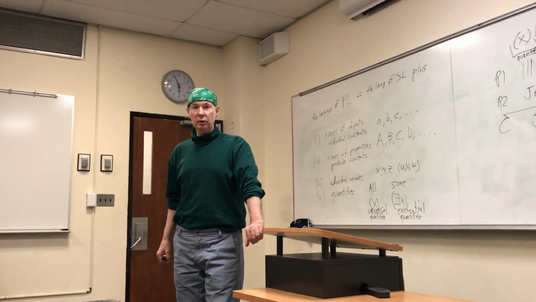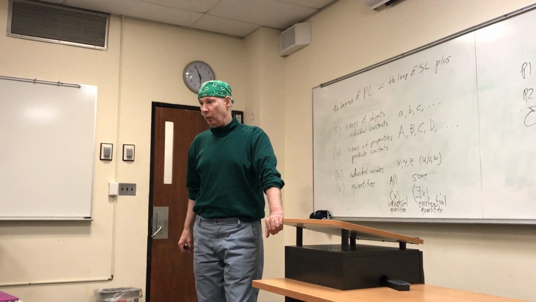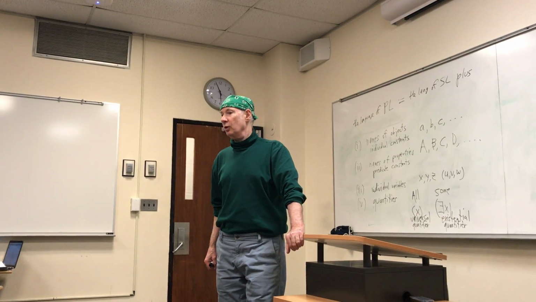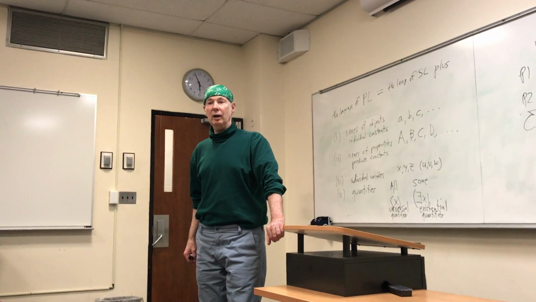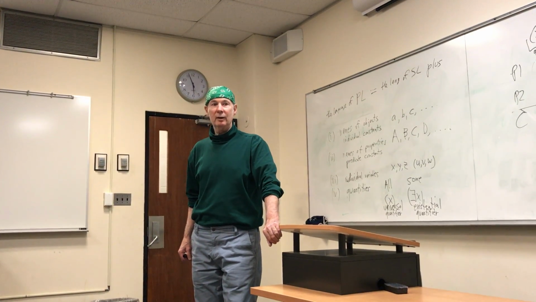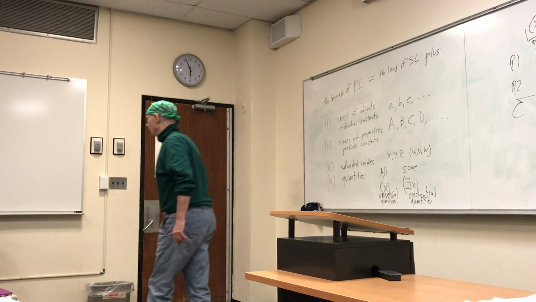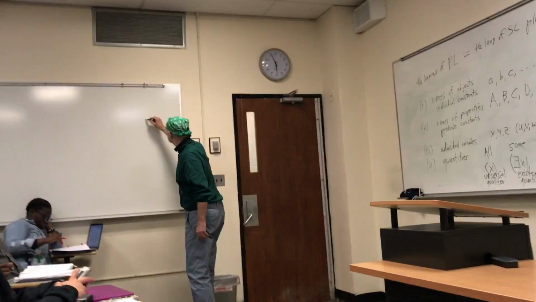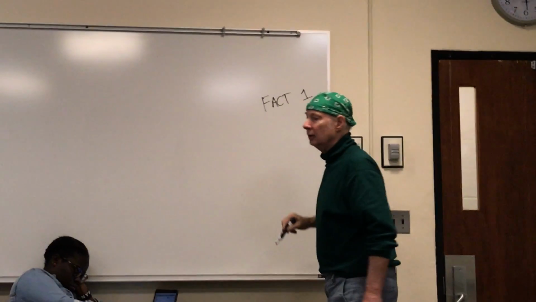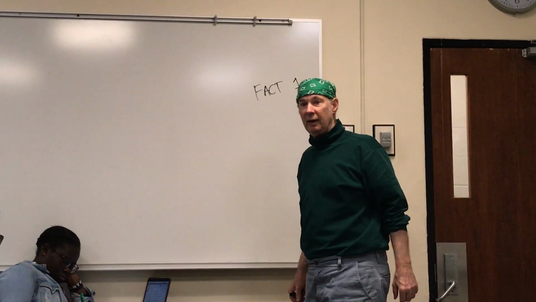Let me give you 2 facts that are so important. Everything you do in this course from now on follows from these 2 facts. What are they? Fact 1. And I'm putting these up because you won't be able to see how to do this proof until you have these 2 facts.